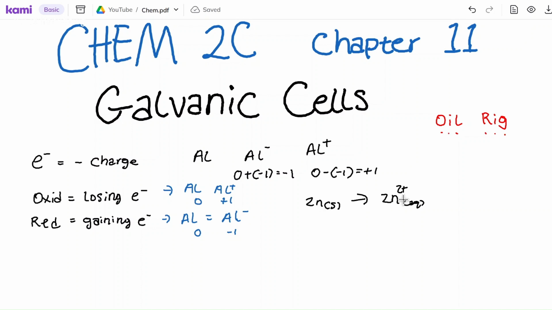And when a metal has a charge, 2 plus, 3 plus, it's usually aqueous. It becomes a cation, and it goes from solid to aqueous, plus 2 electrons. So that means zinc is becoming this, after it loses 2 electrons, and these are the 2 electrons it loses. And this is an oxidation reaction.